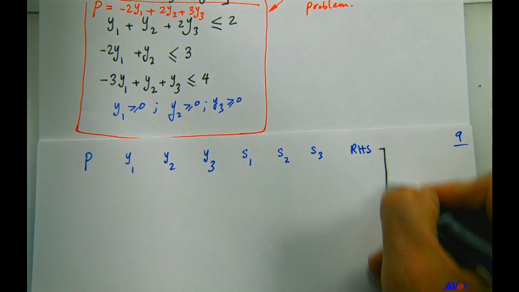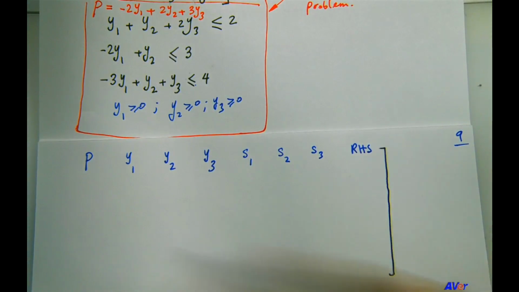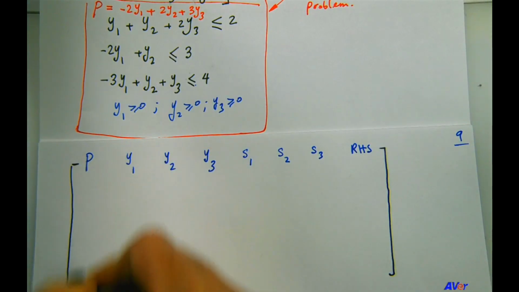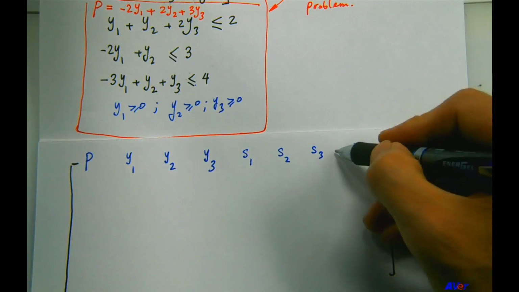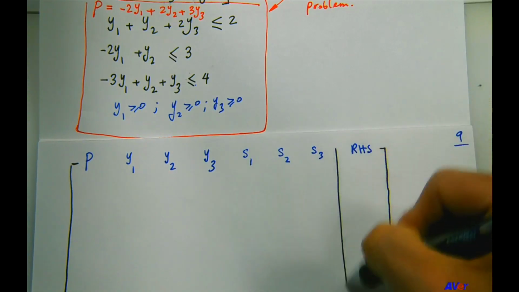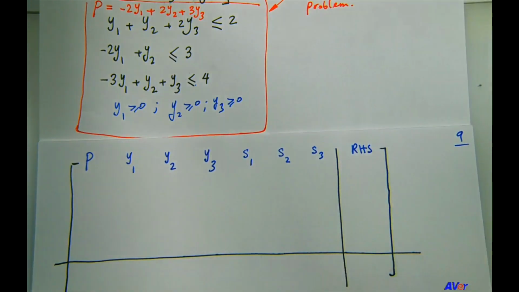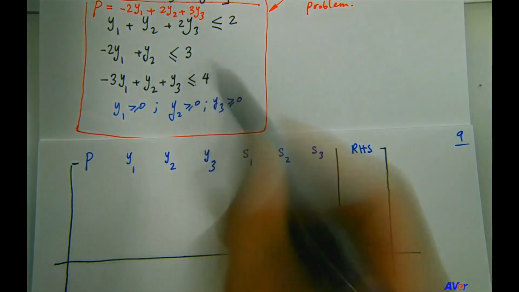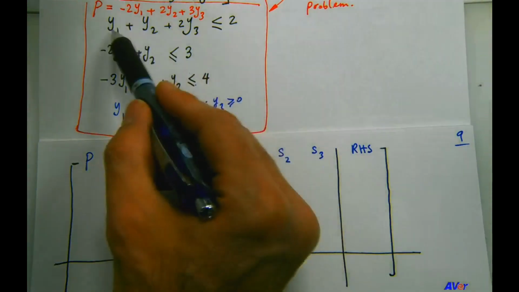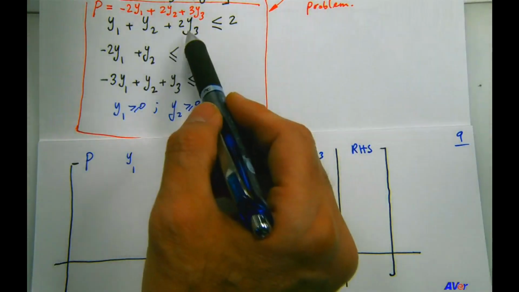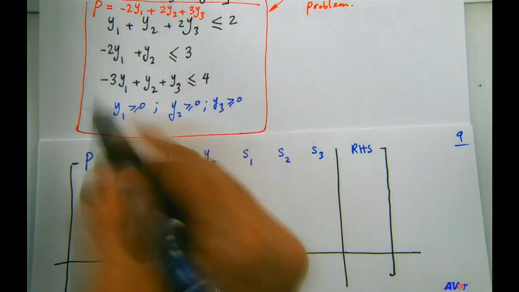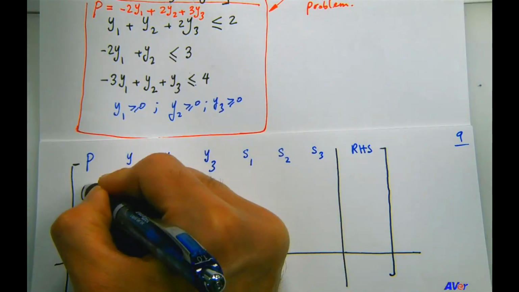Okay, so let's put the brackets here, and of course the vertical line here and the horizontal line here. In the first inequality, there is no p variable, so the coefficient of p would be 0.